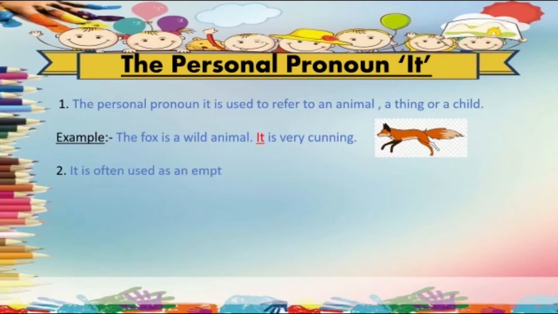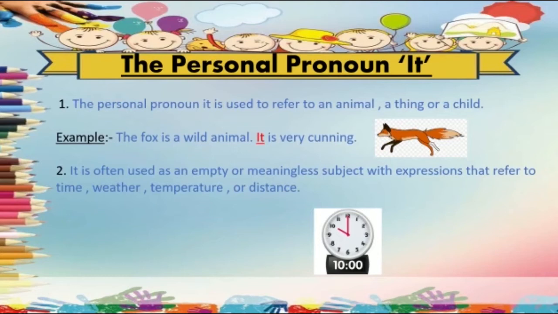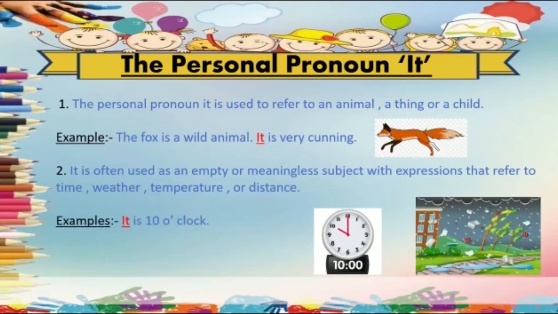It is often used as an empty or meaningless subject with expressions that refer to time, weather, temperature, or distance. Examples: it is 10 o'clock. It rained heavily last evening.